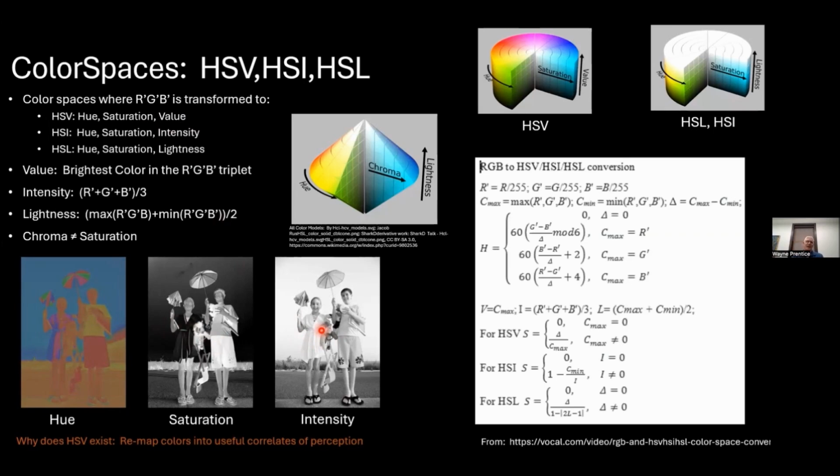And the difference depends upon, for example, value is the brightest color of the RGB triplet. Intensity is the average of the 3, and lightness is the max minus min. Why we need all these different ones, I don't know. These are handy when you want to look at a percept, but keep in mind that this is a buyer beware.